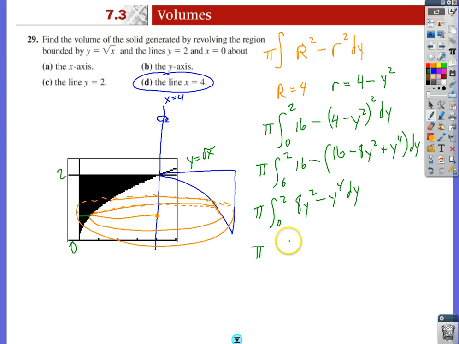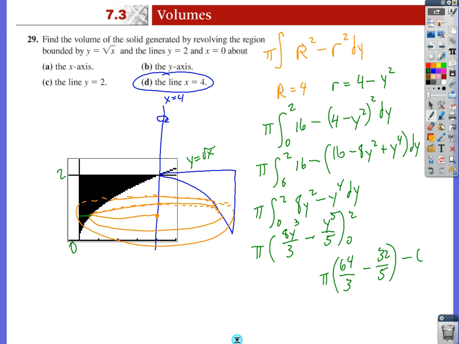Pi times 8y cubed over 3 minus y to the 5th over 5, from 0 to 2, which is equal to 64 thirds minus 32 fifths, times pi, and when I plug in the zeros, I still get 0. And after some quick math, I get 224 over 15 pi units cubed.